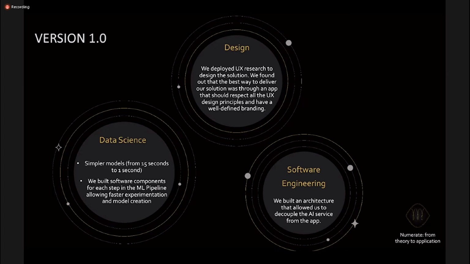But at the beginning, we were just counting steel bars because the experimentation and the deployment of a model was very, very hard. So after building software components for each step, we were able to build faster models, and not just faster models, but to create new models faster.